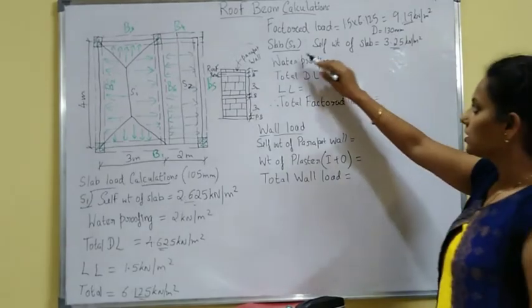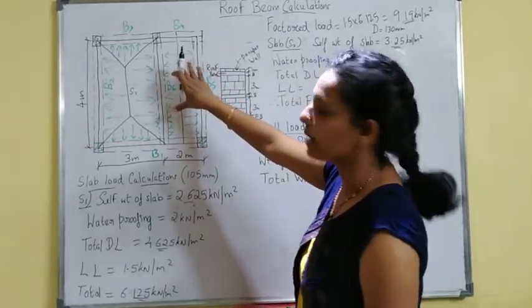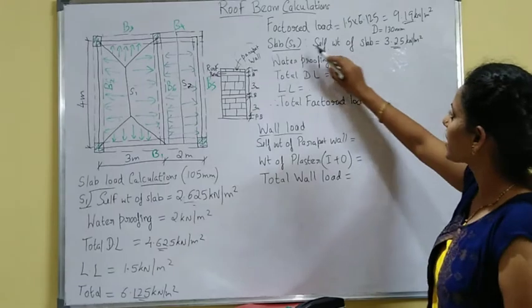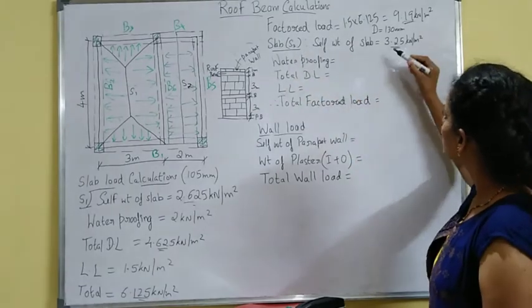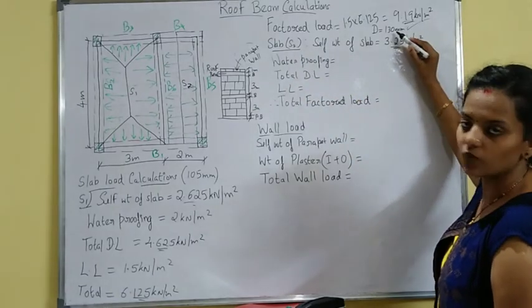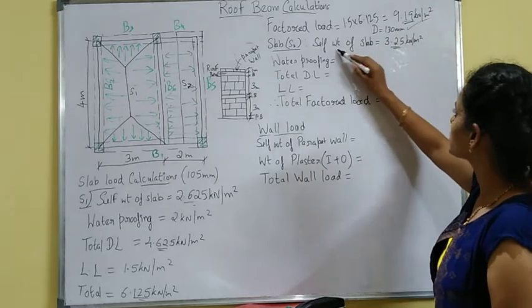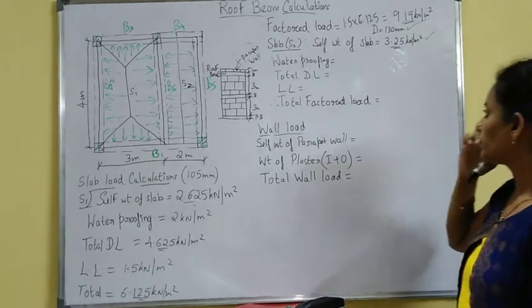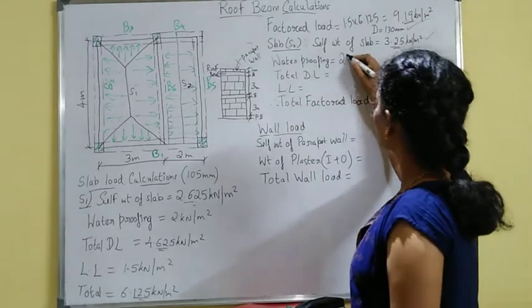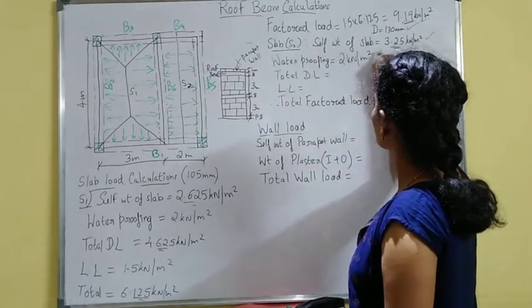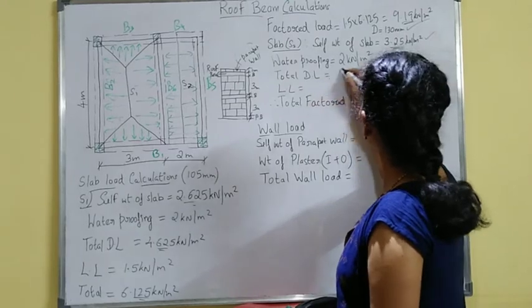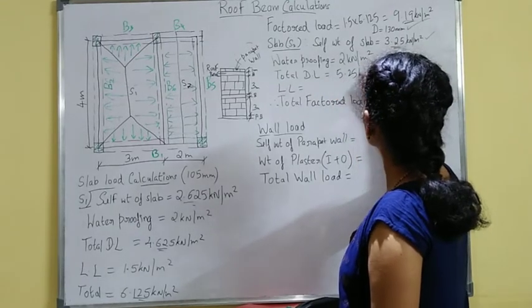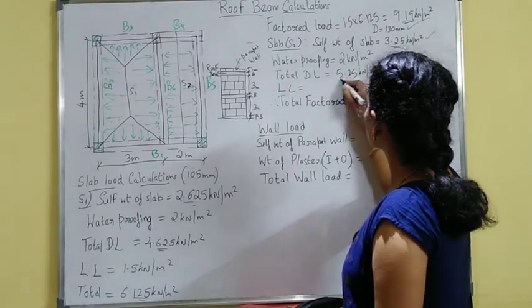Next we will calculate for this slab, the one-way distribution, for which we have got a thickness of 130 mm, and accordingly the self weight of the slab is 3.25 kilonewton per meter square. Again consider the same waterproofing, 2 kilonewton per meter square. So the total will be 5.25 kilonewton per meter square.